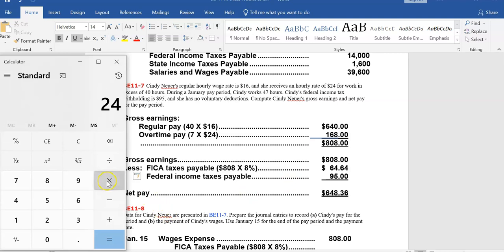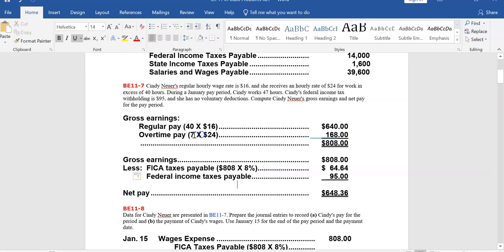At time and a half, we will multiply her regular pay of 16 times 1.5, and we get her overtime rate of $24. So her overtime hours is 7, paid at a rate of 24.